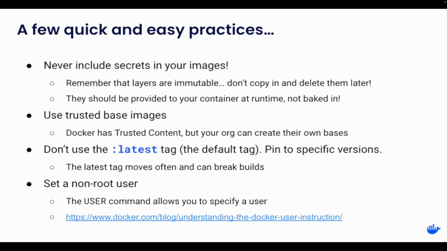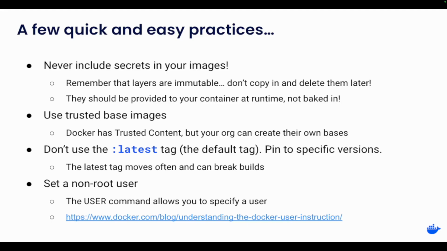That's also an option. But any way you do it, you just need to know where that base image is coming from. The next is the latest tag. So the latest tag is the default tag. And it's very easy to use. You can just say from Node or from Nginx, that type of thing. And many, many people do that. And what I'm going to tell you is if you are using the latest tag, there will come a day when it breaks your build.